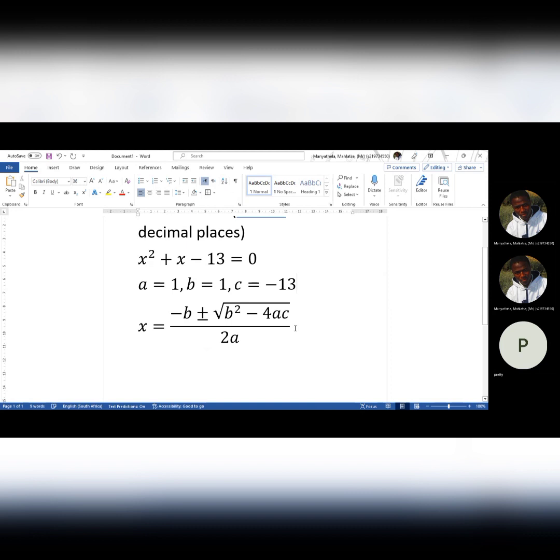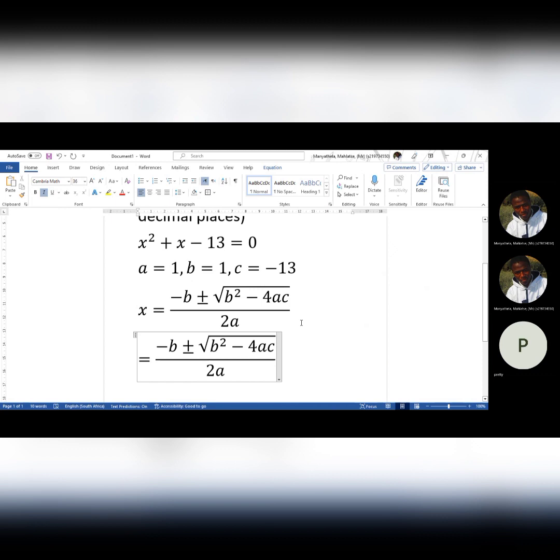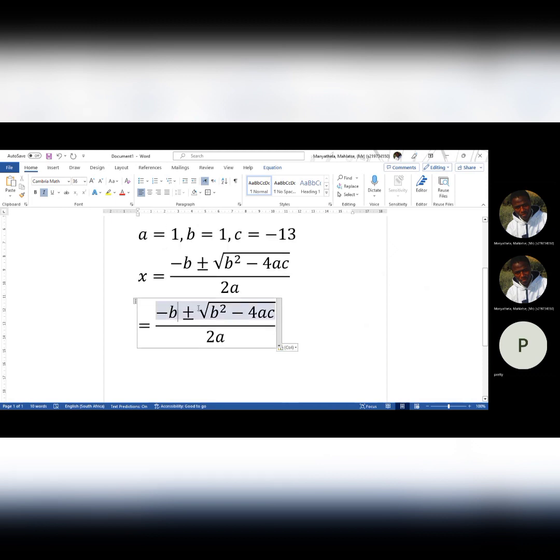Moshimsha this thing x equal to negative b. Okay, Ricky copy and paste it. So currently b ke bokae? B is 1.